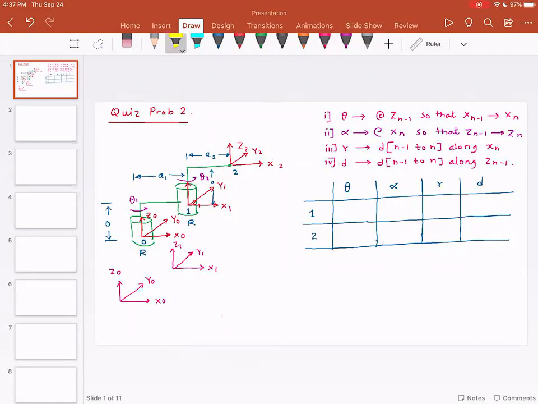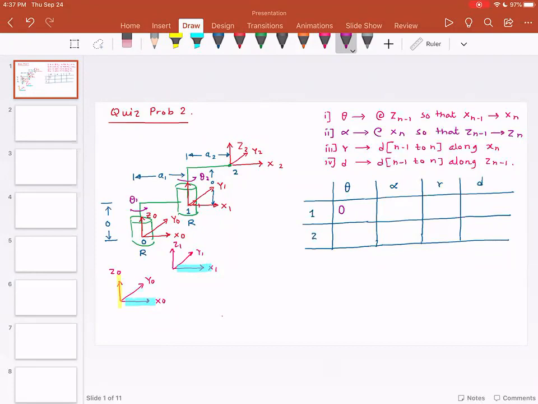So theta is the rotation about z0 so that x0 gets aligned with x1. But in this problem, x0 and x1 are already aligned, so I will have 0.